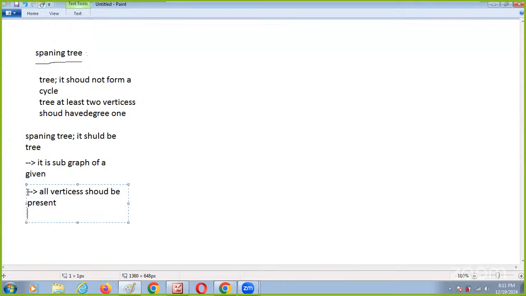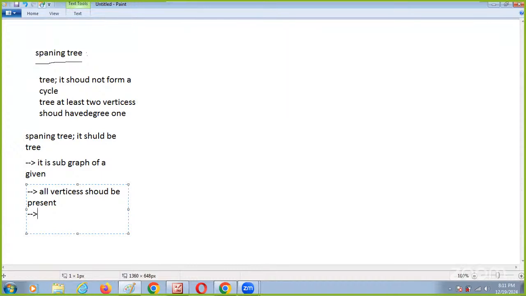And coming to the next one: are all edges mandatory? No, all edges are not mandatory. Only vertices are mandatory. Edges are not required, so edges may be a subset. Suppose it has six edges, maybe only part of them.